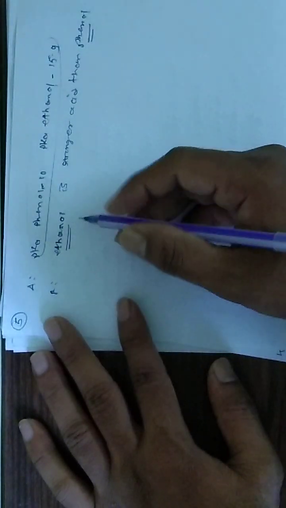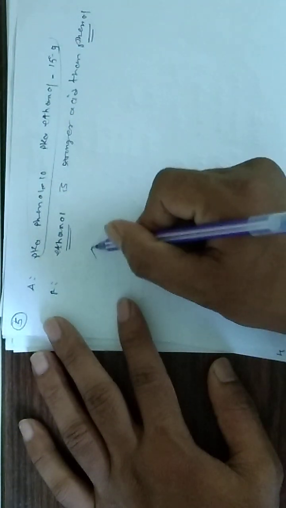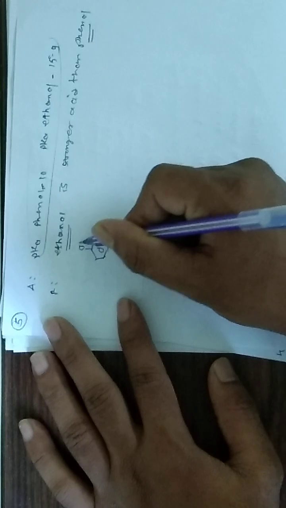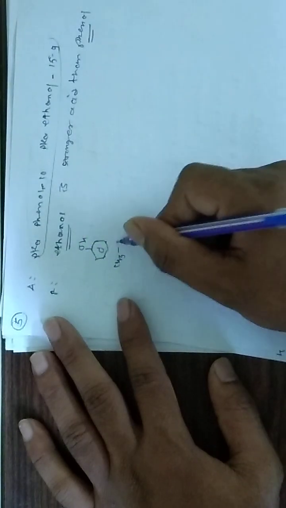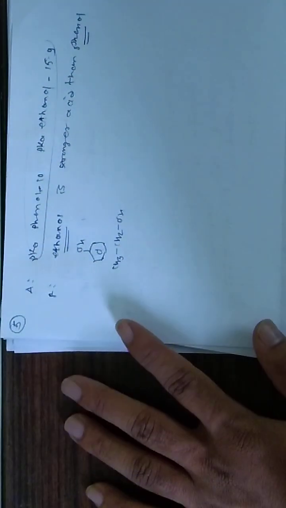How can we say a given compound is a stronger acid? If phenol is there, and here CH3CH2OH, ethanol, is there, if the conjugate base of the given species is more stable, then it is the stronger acid.